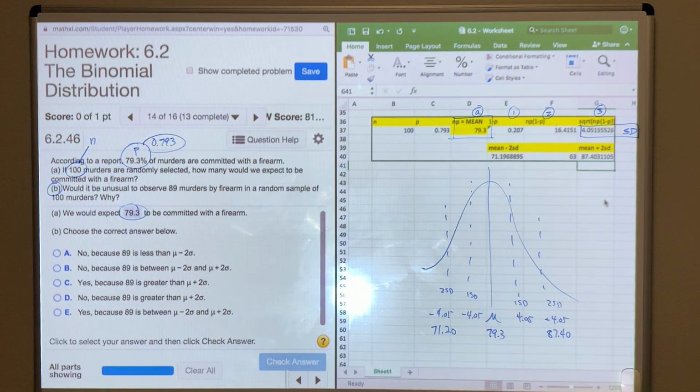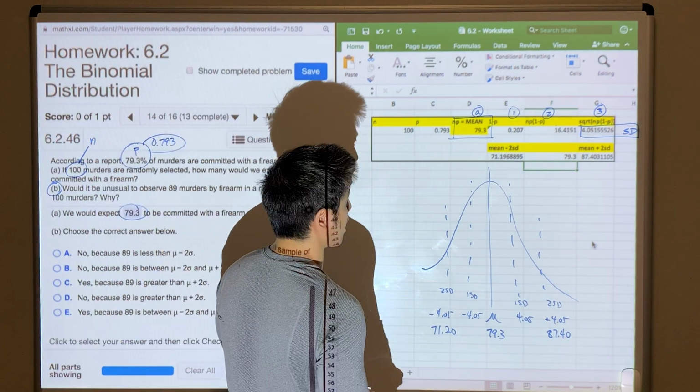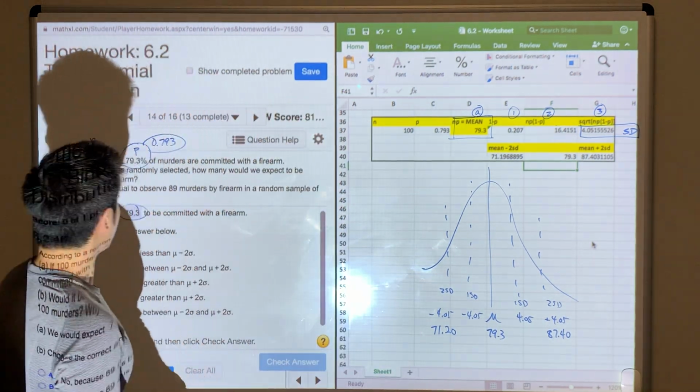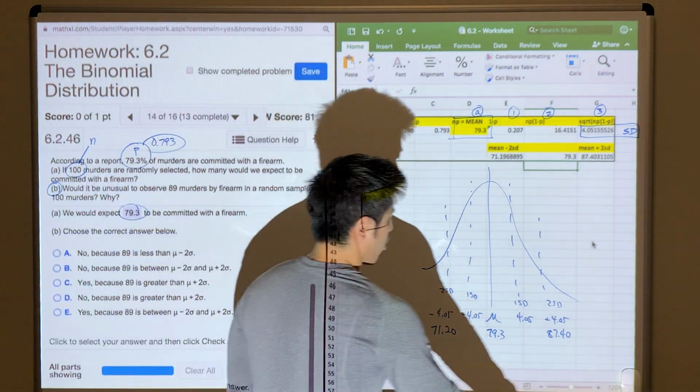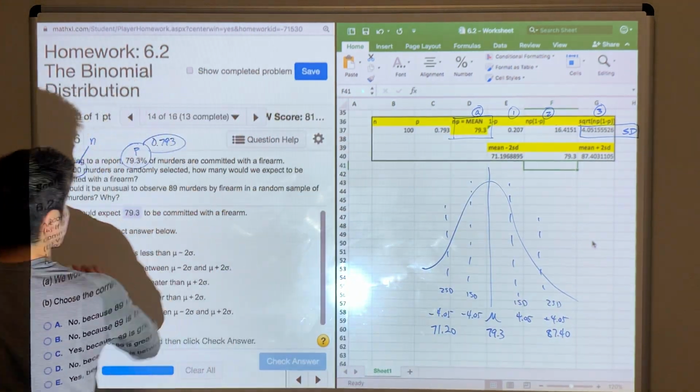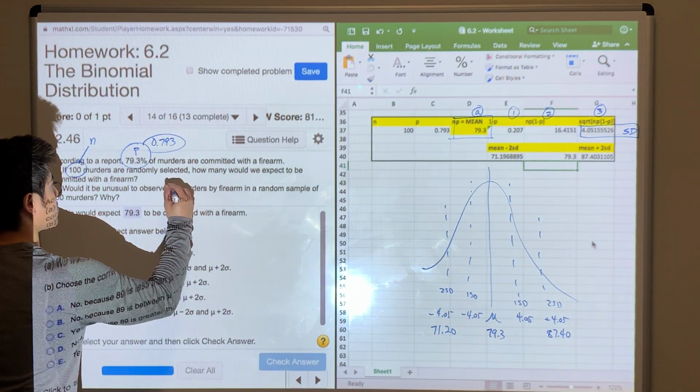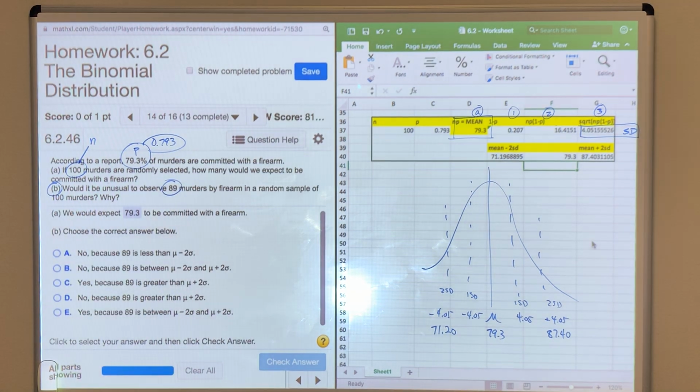And the important question: does 79.3 fall within that? Oh, sorry, not 79.3. Wrong. 89. 79.3 is your mean. Of course it falls in there.